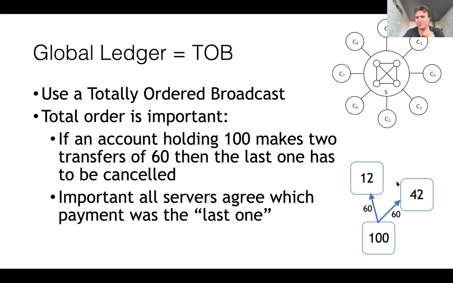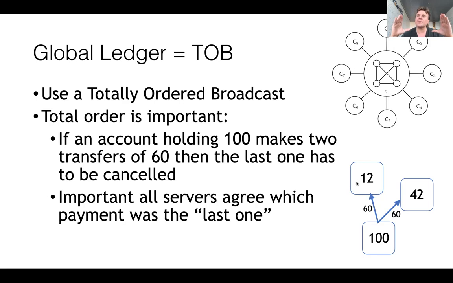I might be transferring to my own accounts here. So we really need to reject the last one such that the account never goes in minus. But remember, it's a replicated system. There's 1 million servers on the planet, all keeping track of what are the balances on these accounts. And we are resting our security on the fact that they keep the same account, they keep the same ledger, as it's called.